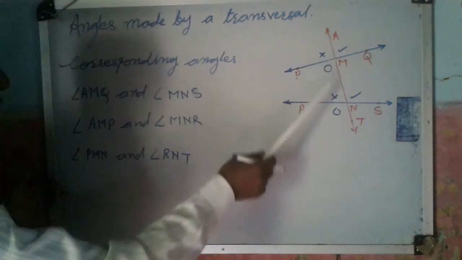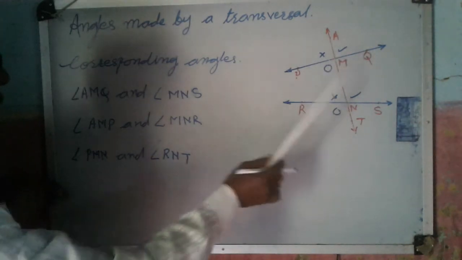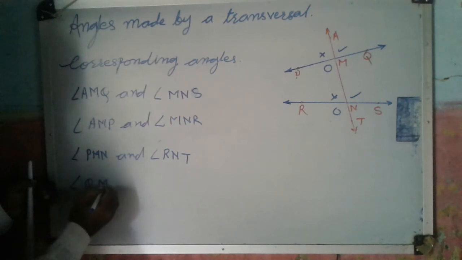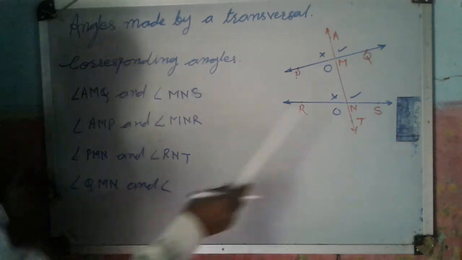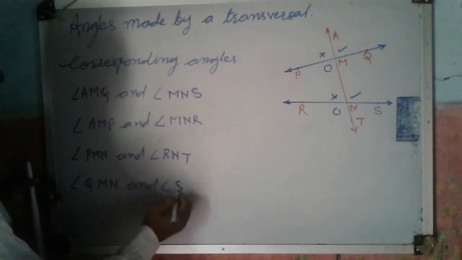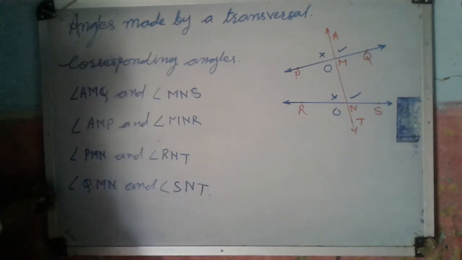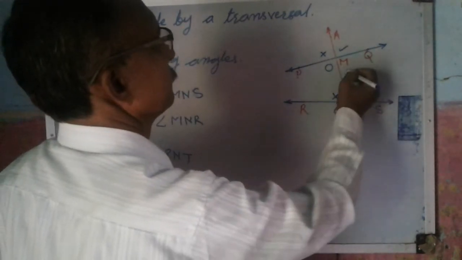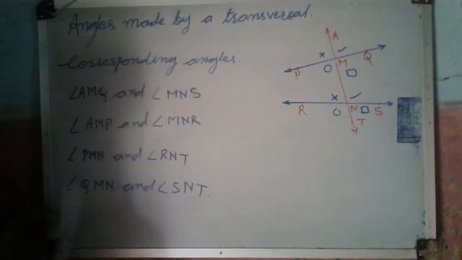Okay. And the third pair is angle QMN. Fourth pair, and angle NST. This is the fourth pair.